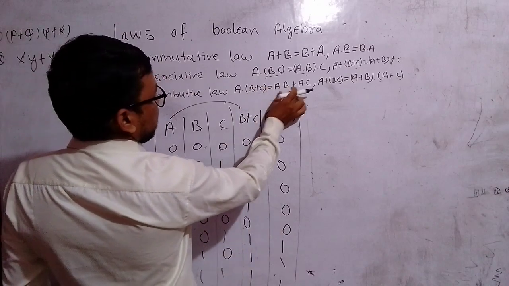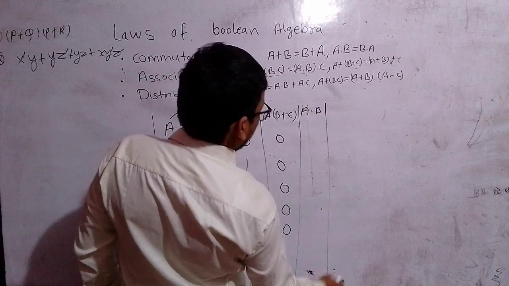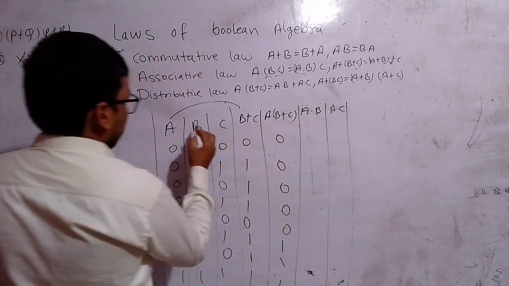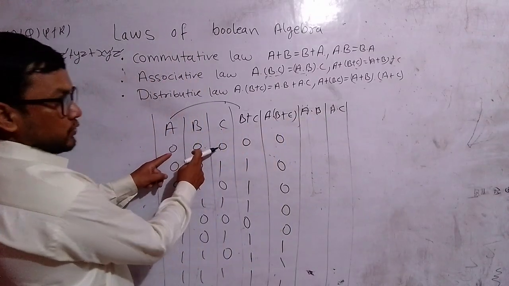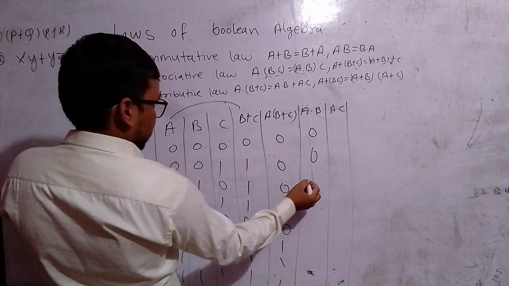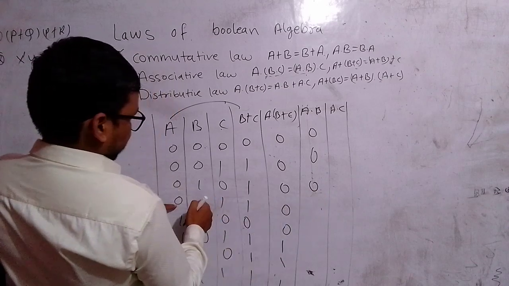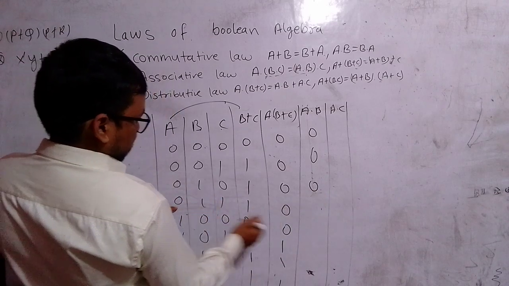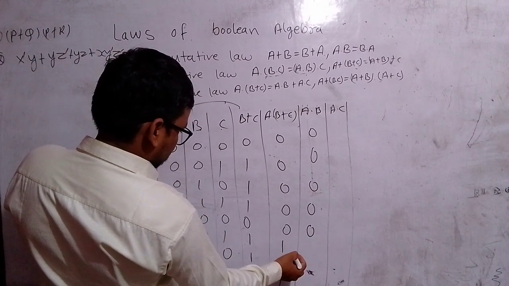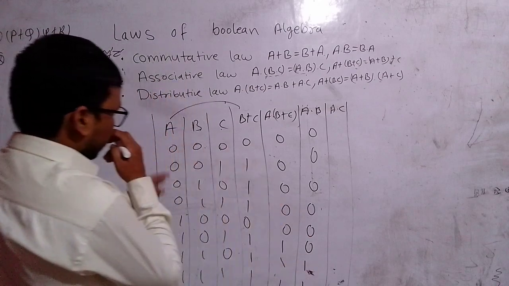Now the right hand side contains A dot B and A dot C. A dot B means the product between these two terms: 0, 0, 0, 0, 0, 0, 1, 1.